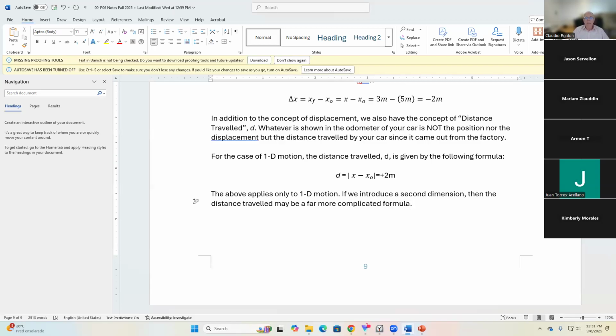Okay? And there's a reason for that. But for now, since we're dealing with one-dimensional motion only, we can write down that the distance traveled is going to be the modulus of the displacement. Okay?